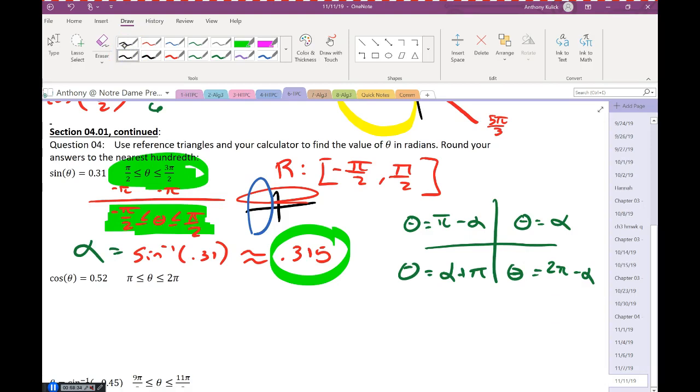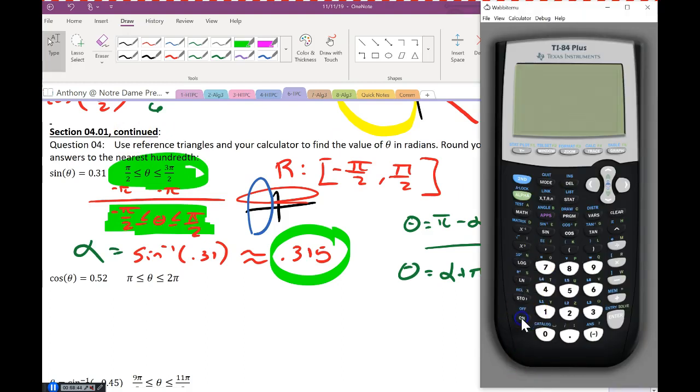So that's 2.83. That sounds about right. You know how to check it, though? So if I do sine of 2.83, which is what you said your answer was, what should I get back from this? 0.31. So close enough. It's going to be a little bit off because you rounded.